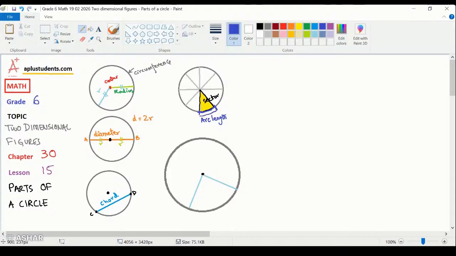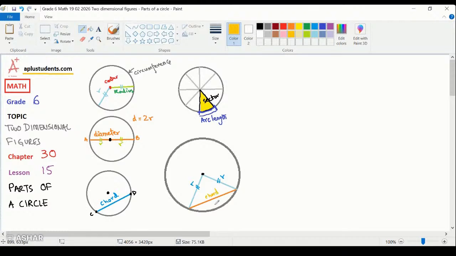Now if we draw a sector over here, and on this sector I draw a chord, we know that these two lengths were the radius and this line was the chord.